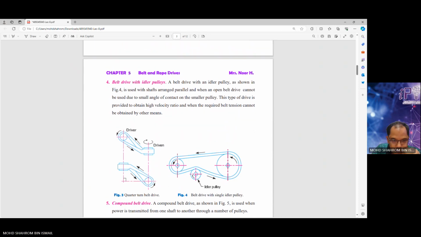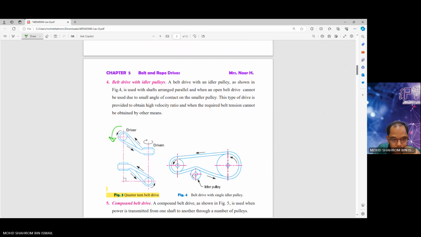This is a quarter turn drive, yeah. So you've got a driver here moving anti-clockwise.